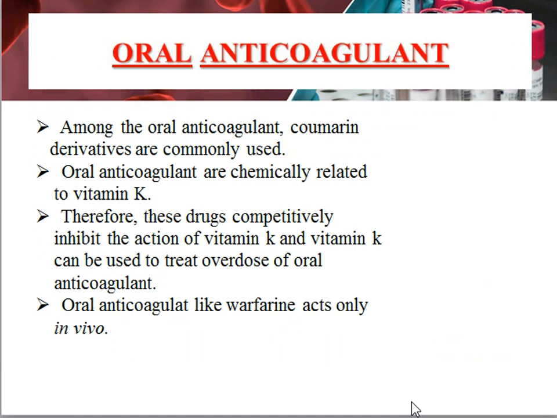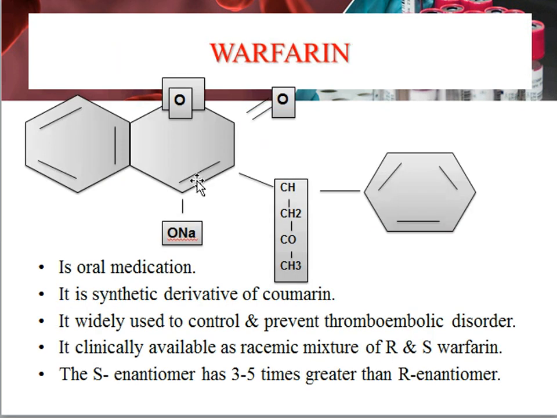So next is oral anticoagulants. Among these, coumarin derivatives are commonly used. Oral anticoagulants are chemically related to vitamin K. Warfarin acts only in vivo. So the first drug is warfarin. The structure of warfarin: it is an oral medication, a synthetic derivative of coumarin.